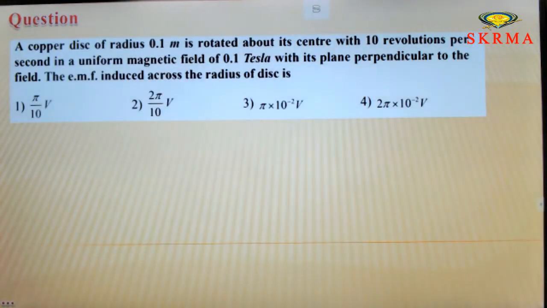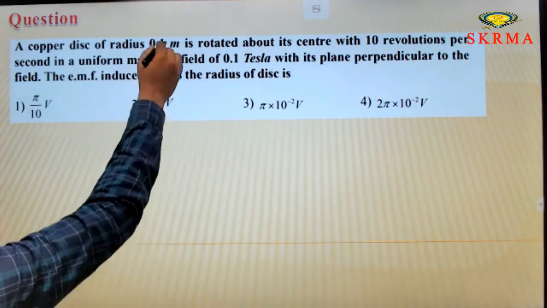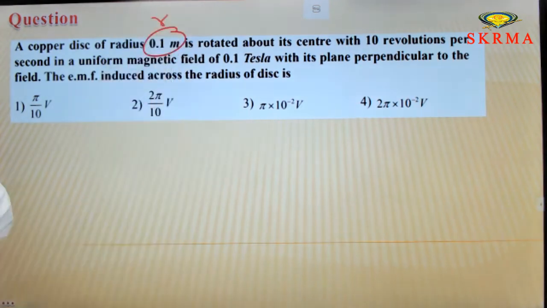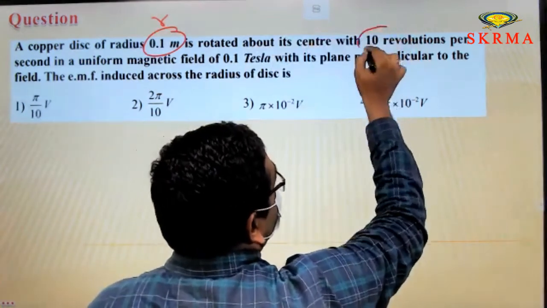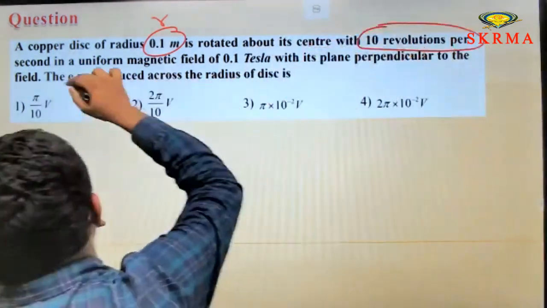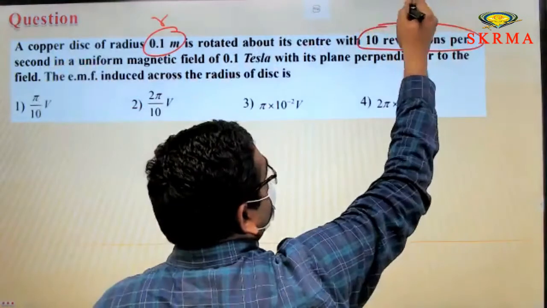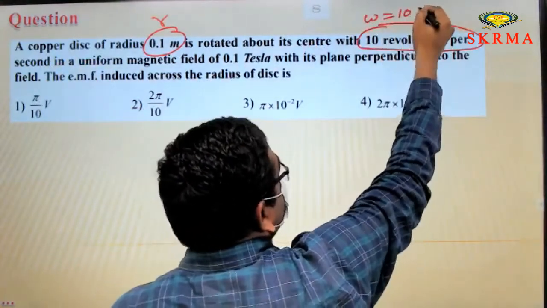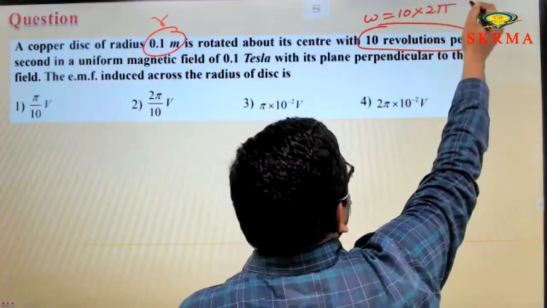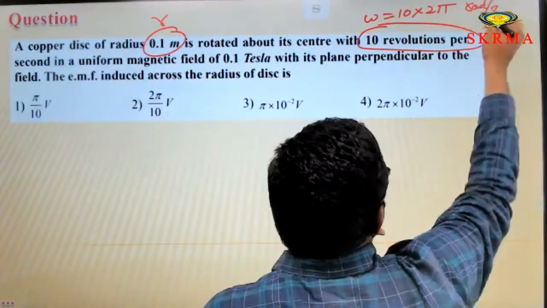Next. A copper disc of radius 0.1 meter. That means this is a radius R and it rotates 10 revolutions per second. That means omega equal to 10 revolutions means 10 into 2 pi radian per second.